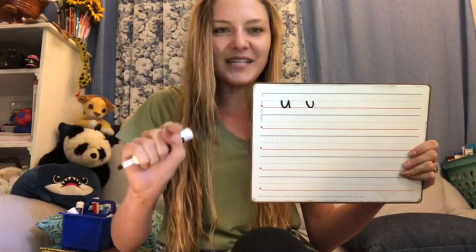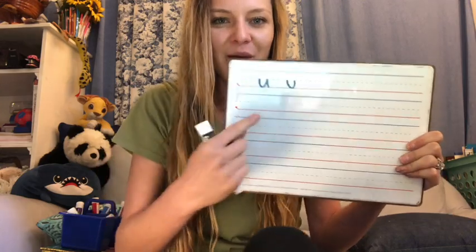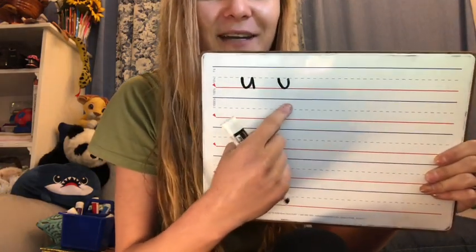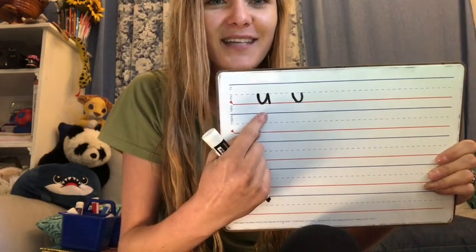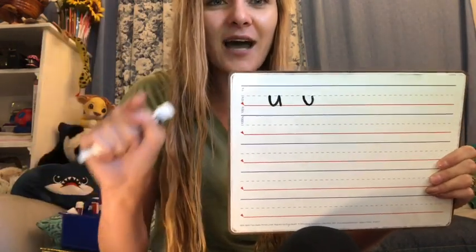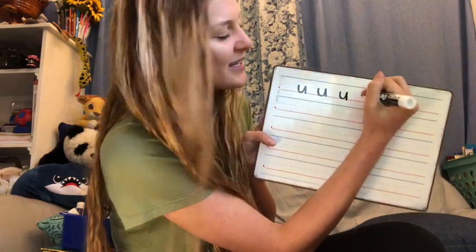Down, up, down, U. Okay, so you can either just say down, up, or if you're encouraging this kind of writing, you can say down, up, down. For me, I encourage my students to do it this way. So I'm gonna say down, up, down, U.